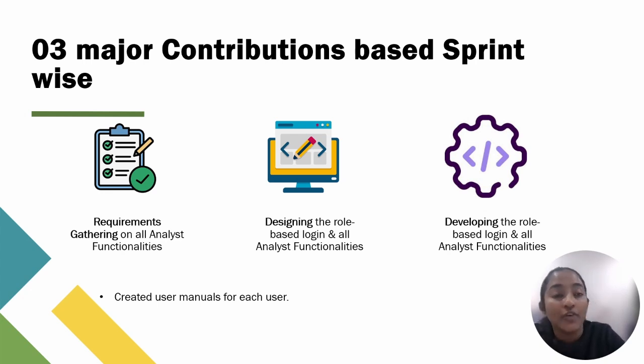We followed an agile software development methodology. According to that, in sprint one, I engaged myself in requirements gathering on all analyst functionality. My part of this product was building all the functionalities for the analyst role. First of all, I made myself very clear about the problem, and we developed the solution.